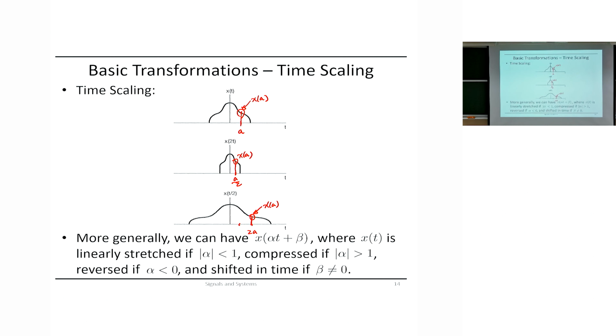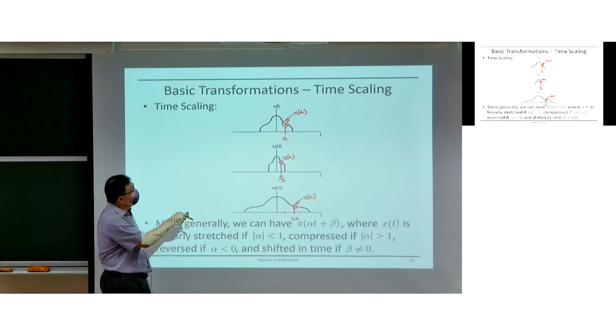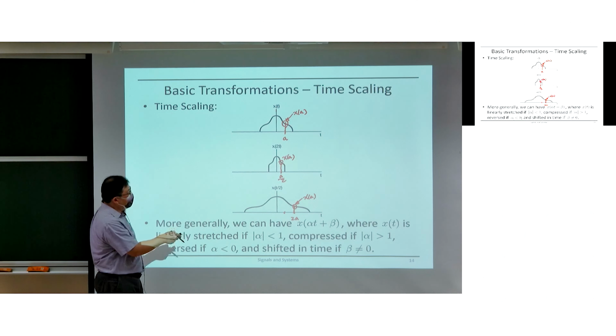Now, the third kind is time scaling. Suppose originally your signal is x of t, then if you scale the independent variable by some factor that is greater than 1, then you're effectively compressing the signal. The reason for that is that suppose you're looking originally at the value occurring at time a, which would be x of a. Now this value x of a occurs earlier at time a over 2. You can double check this because if you substitute a over 2 inside here, x of a is exactly the value that you get.